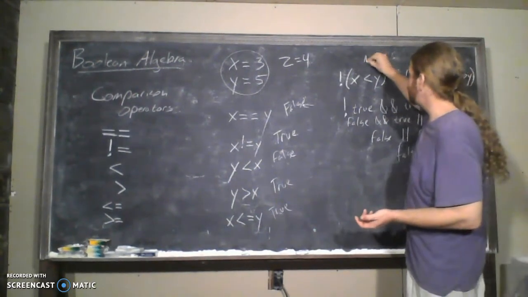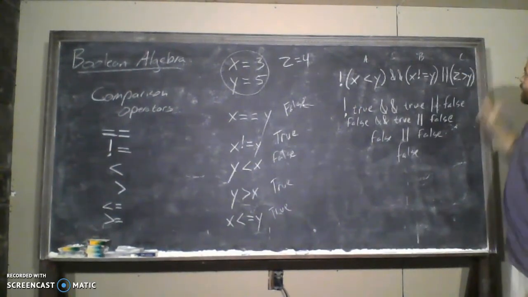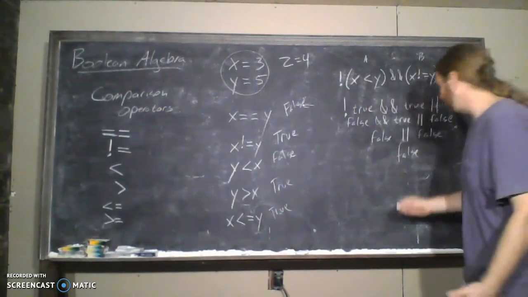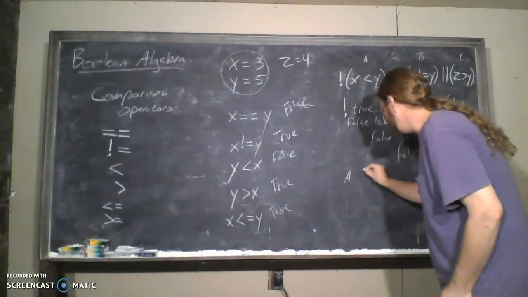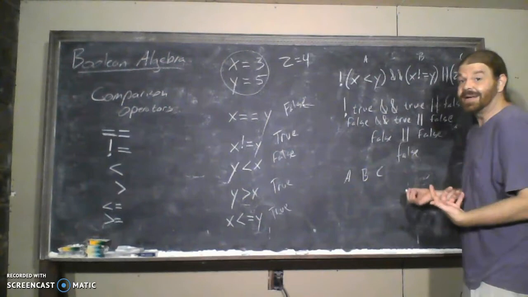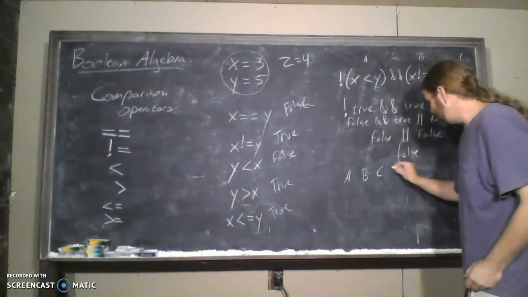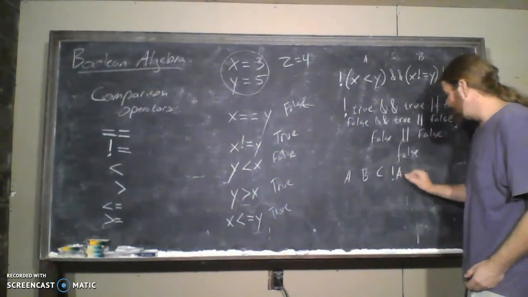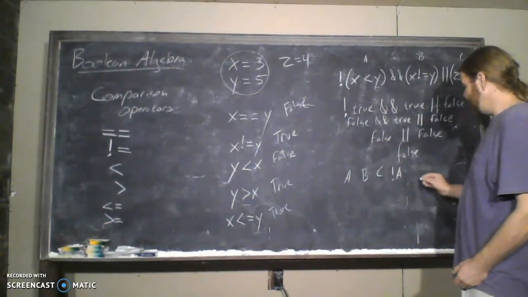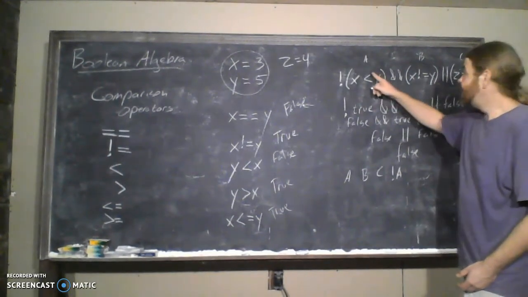And then we could put this in a truth table as well. We could call this statement A, this statement B, and this statement C, and then build up a truth table from that. A, B, C. And really we need not A, so let's add that into a column. And then we could do the combinations.